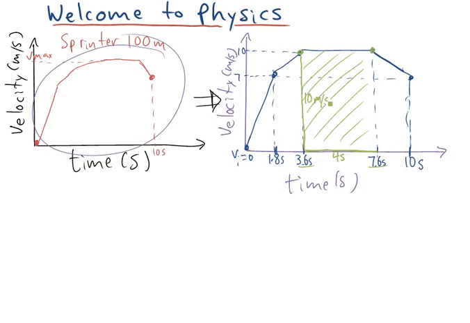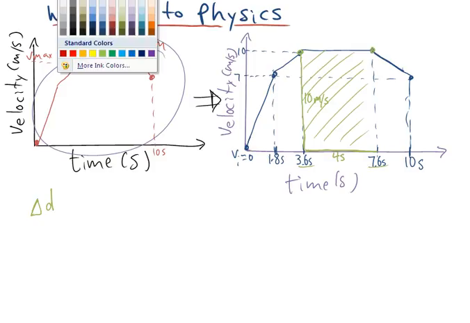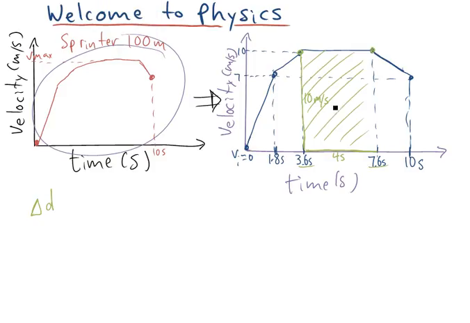That comes from the fact that your displacement, delta d, and we'll call this one delta d3, because this one would be 1, this one would be 2, this one's 3, and 4. We know that this is equal to velocity multiplied by delta t.